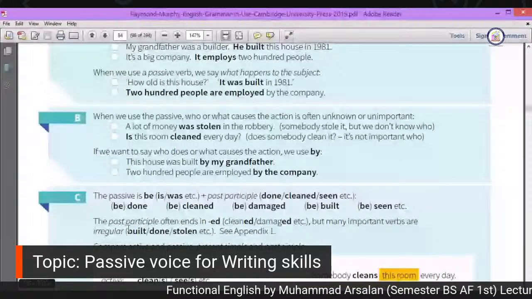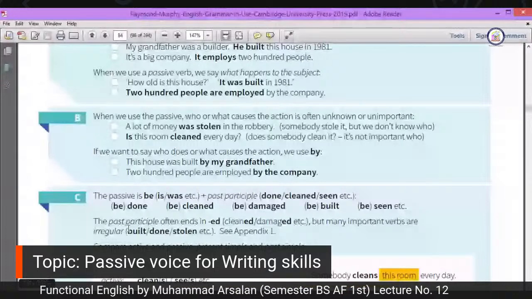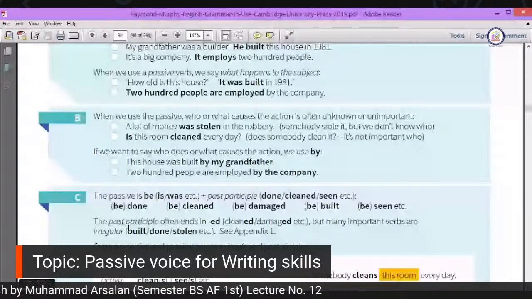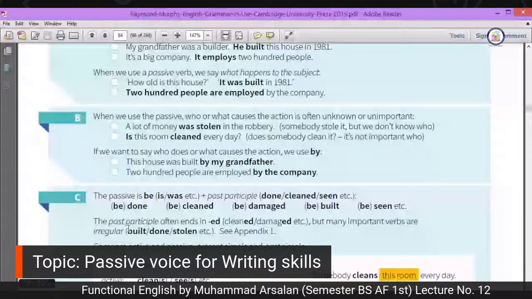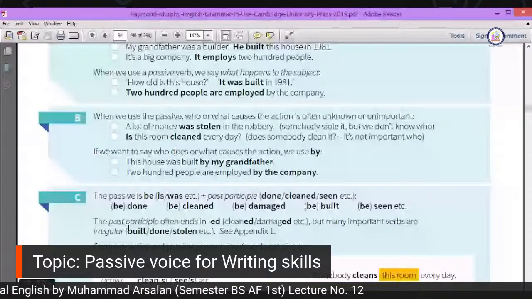Is this room cleaned every day? Does somebody do it? But it's not important. For me, the room is important.